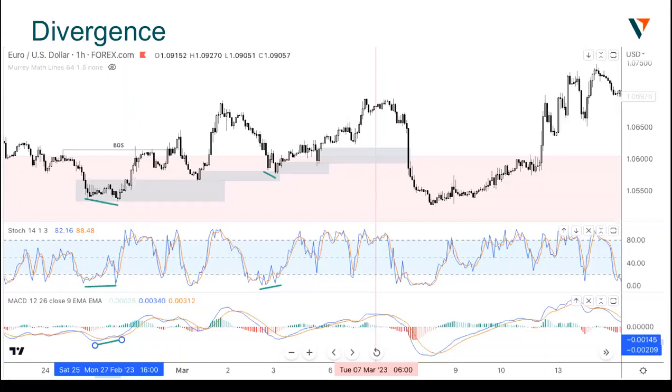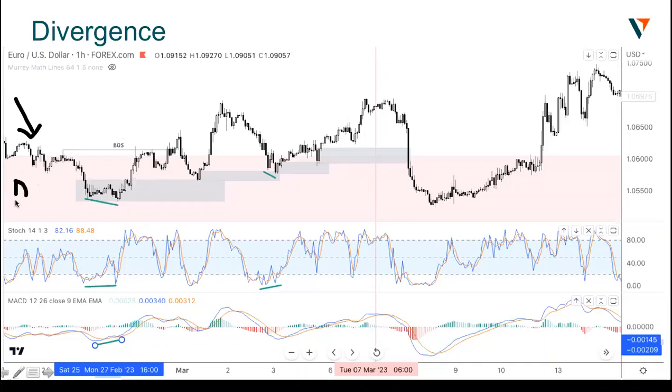So for divergence, if it's a bullish divergence, it shows that there is a potential change in trend from the downside and then a reversal, which is what we're seeing here. So you can see that when price comes in, prior to this move, it was forming lower lows and lower highs.